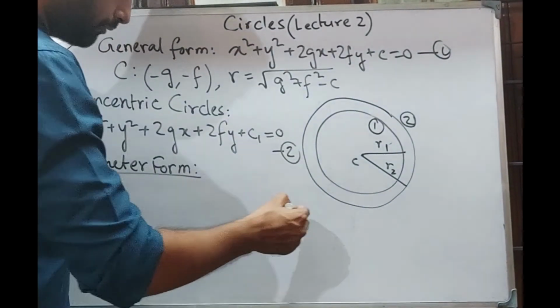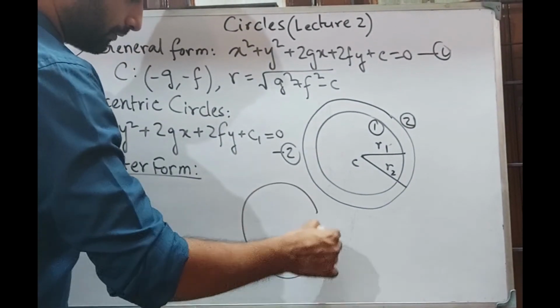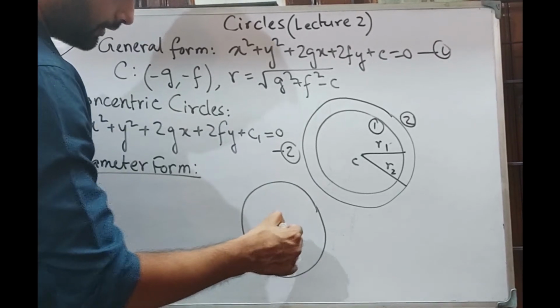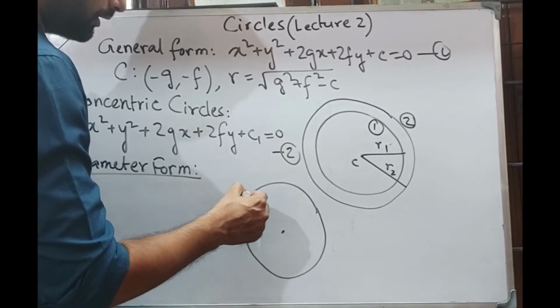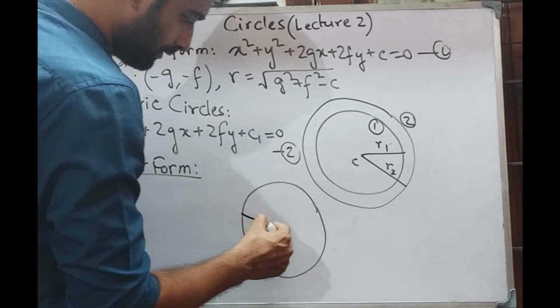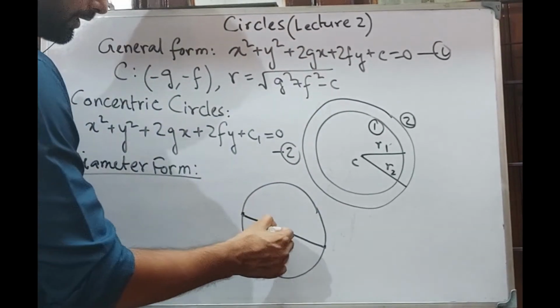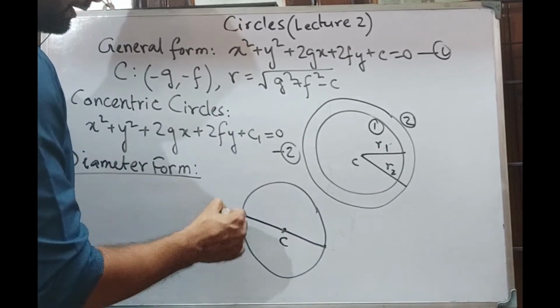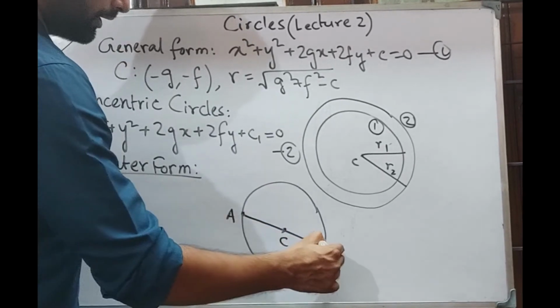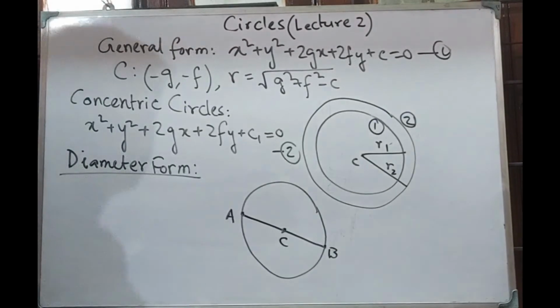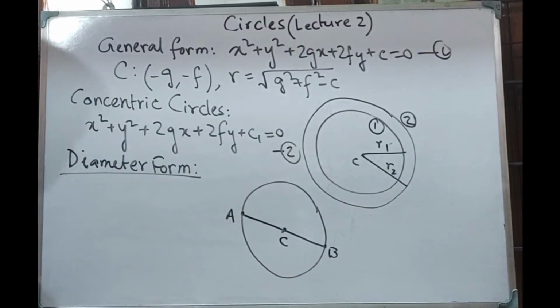So in diameter form, if this is a circle, then the information will be given as the end points of a diameter. I am taking this one as the center here. One end of this diameter is A and the other end is B. So how can we find the equation of the circle from here?